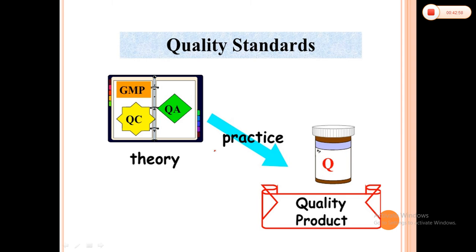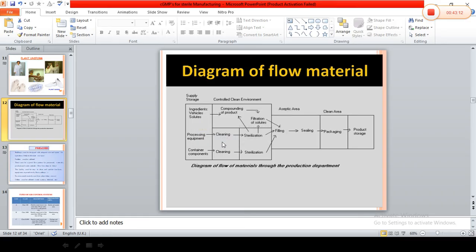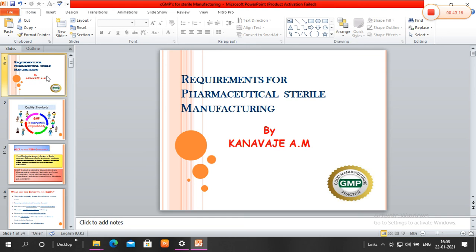When you apply it in practice, only then will quality products be formed, meaning the quality sterile product will be formed. So this is all regarding the sterile manufacturing area and the requirements for the manufacturing of sterile formulations.